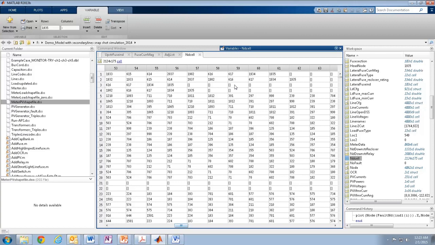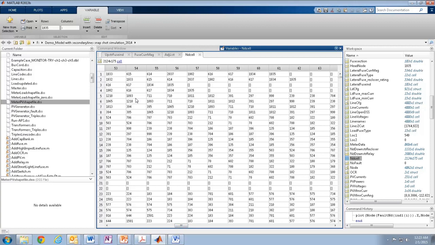So in row 1, the last few entries are 1934, 1935, and there is no further entry. So 1935 is probably the most upstream node, the substation node. Similarly, row 2 also has all of these upstream nodes and eventually ends at 1935.